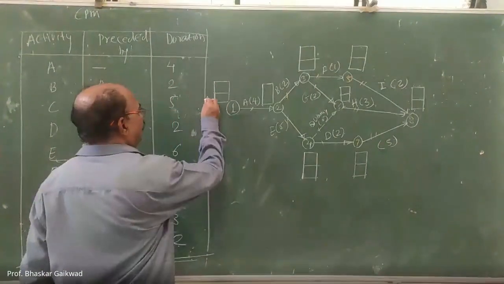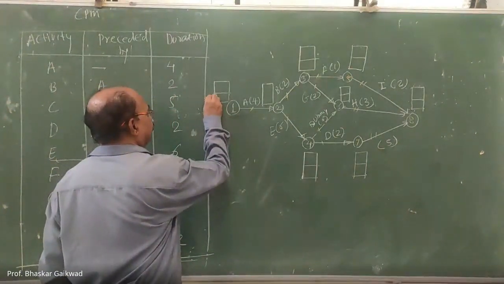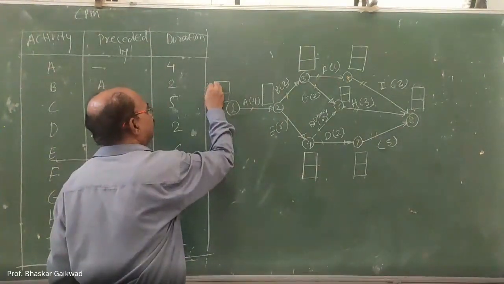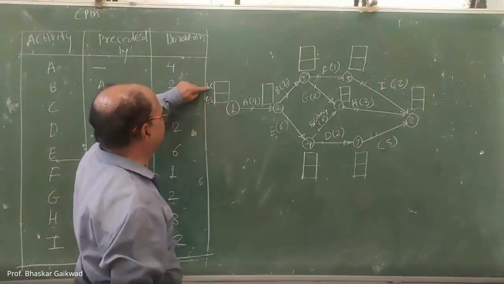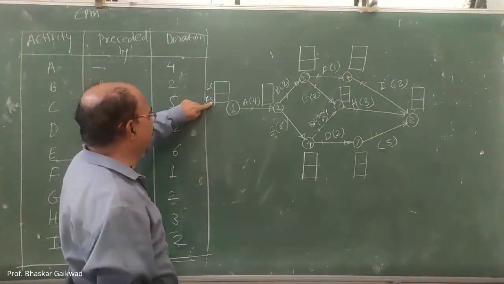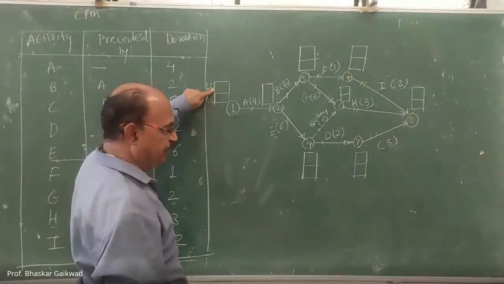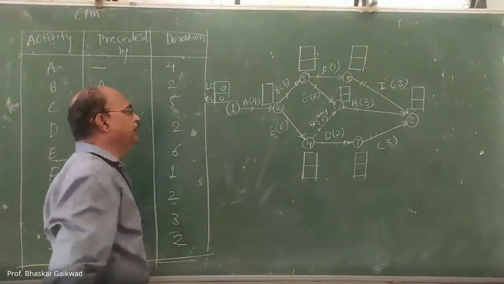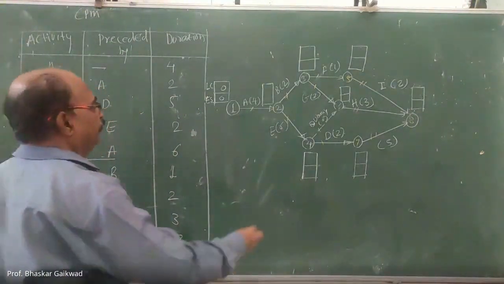Here for ES it is the same for all, and LS, latest completion time. Initially here it is 0, 0.